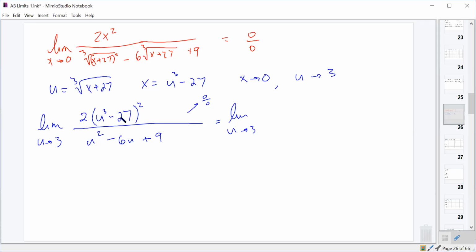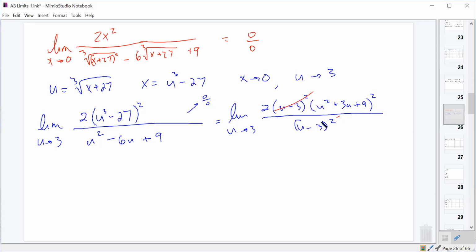And so then we factor our difference of cubes. So we get the 2 out in front still, and then it's U minus 3, which is going to be squared because it's squared on the U cubed minus 27, and U squared plus 3U plus 9, which is also going to be squared. And then down in the denominator, that factors to U minus 3 squared.